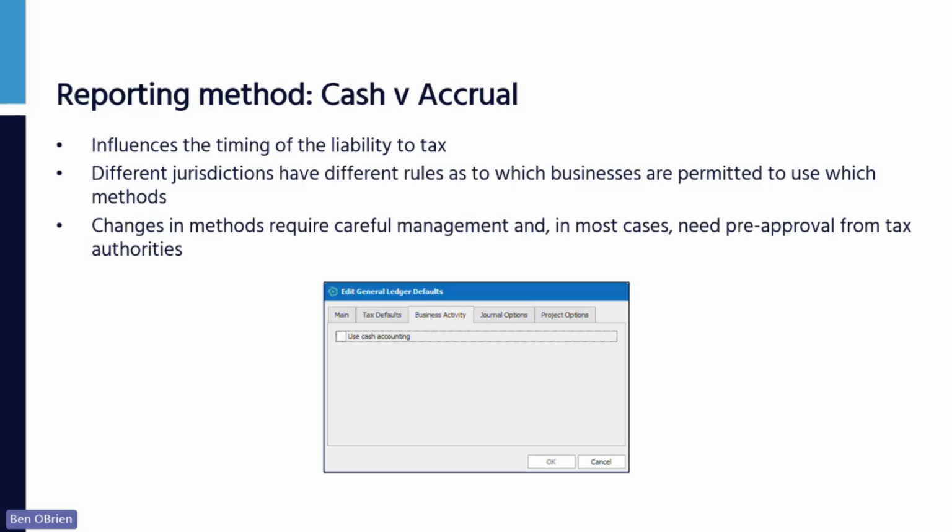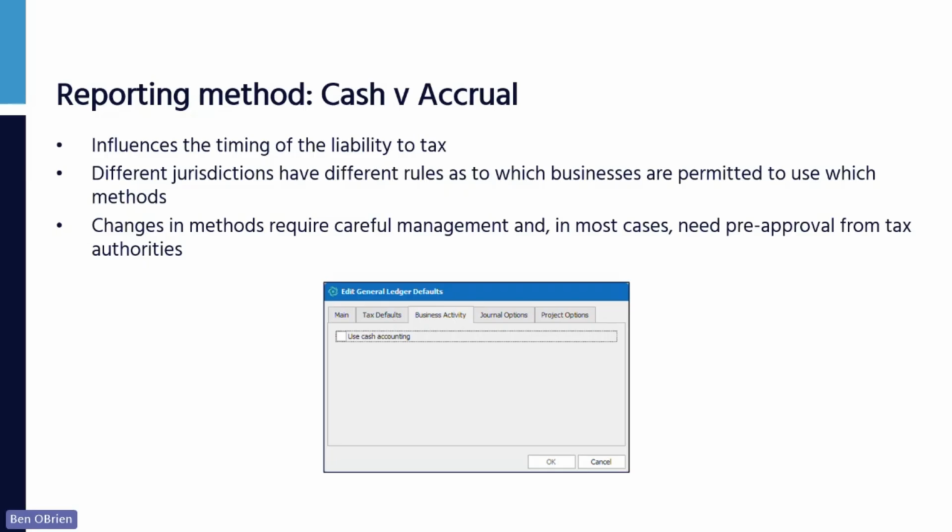And so the cash method essentially just gives that little bit more protection in terms of cash flow, where you're making sure that your customers have paid you before you've got the liability to forward that tax on to the friendly neighbourhood tax office.